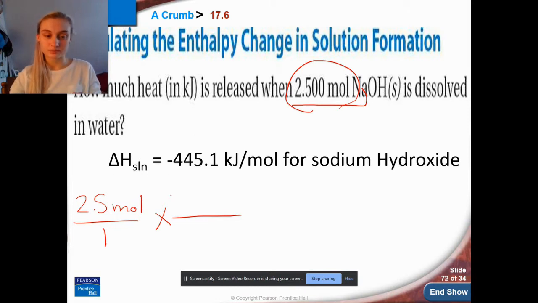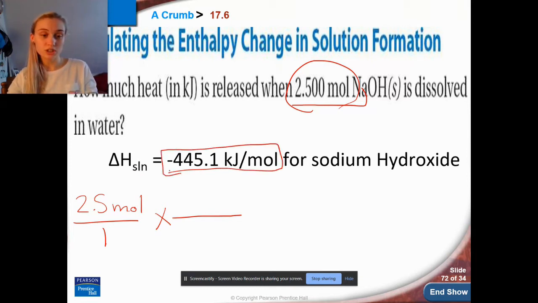Now we're going to use this heat of solution just like we did for the heat of vaporization, condensation, fusion, solidification, all those. We're going to use it the same way as a conversion factor. We know that negative 445.1 kilojoules of heat are released when 1 mole of sodium hydroxide is dissolved in water.